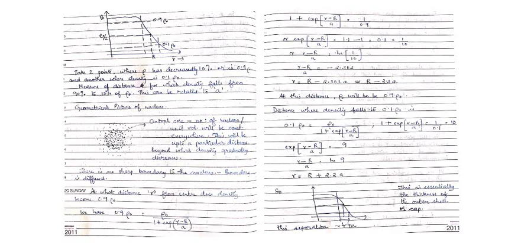Now we are going to measure this distance, the distance for which density falls from 90% to 10% of initial value rho naught.